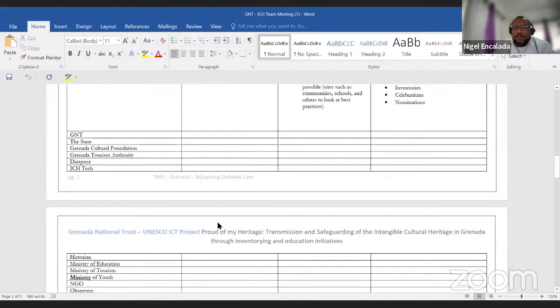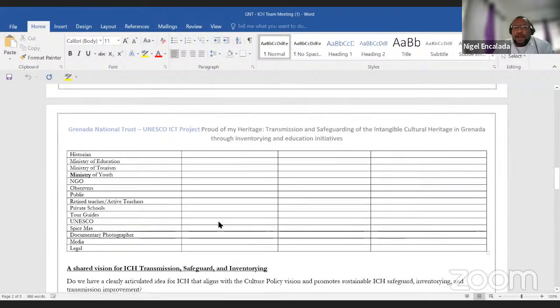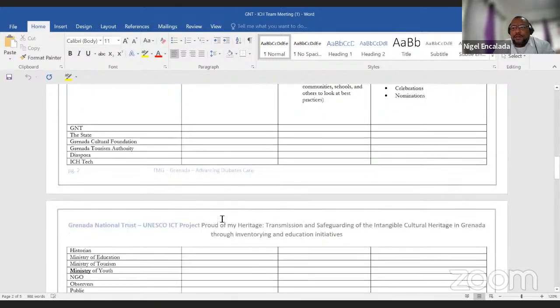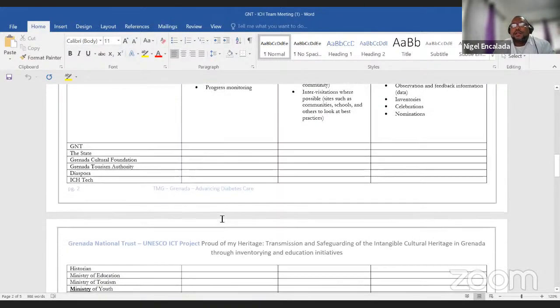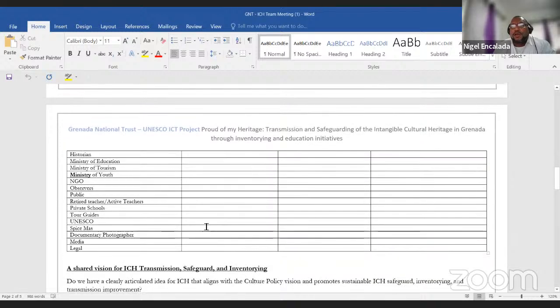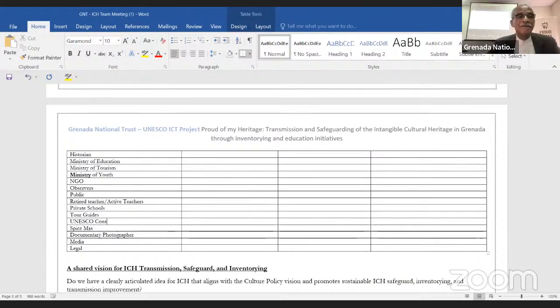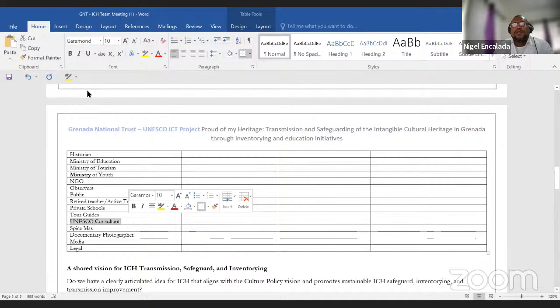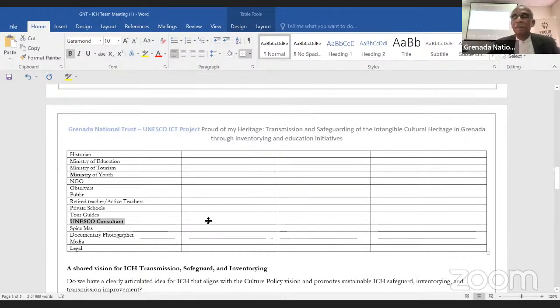Okay, so let me use myself as an example. You have already outlined some of it up here. I will speak as the UNESCO consultant. UNESCO as a whole is rather difficult to grasp.